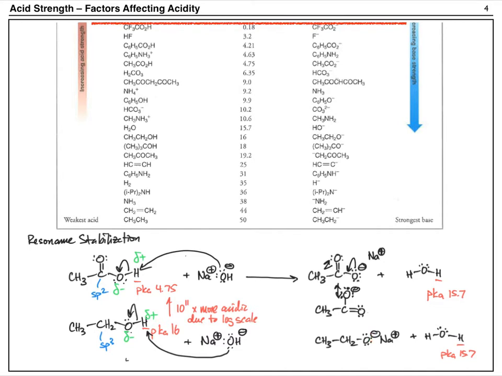So in the case above, where we saw the negative charge delocalizing onto the other oxygen, there's two oxygens sharing the negative charge, whereas here there's one. So you can think of it as sort of misery loves company. So this is more stable than this is. So that partially explains why this starting alcohol is less acidic.